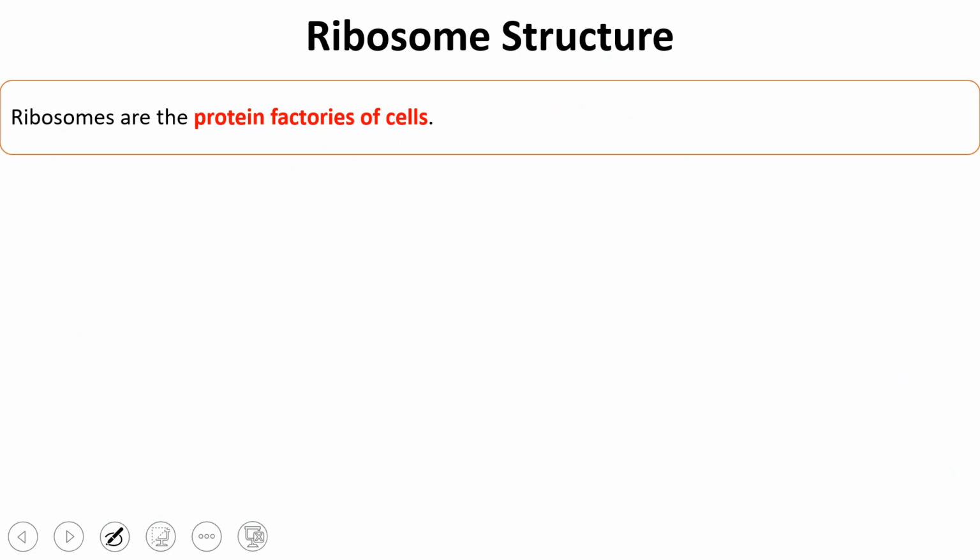And which organ is known as the protein factory of our body? Which organ of our body is called the protein factory of the human body or animal body? Endoplasmic reticulum? No, I am talking about an organ, not cell organelles. The liver. Okay, why? Because most of the proteins are formed in the liver.